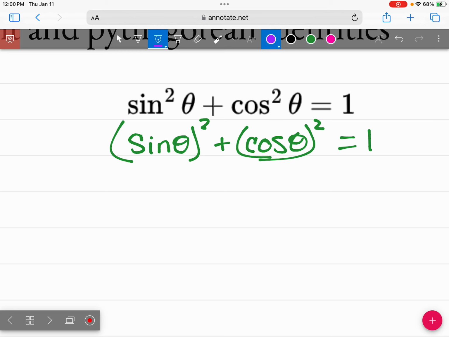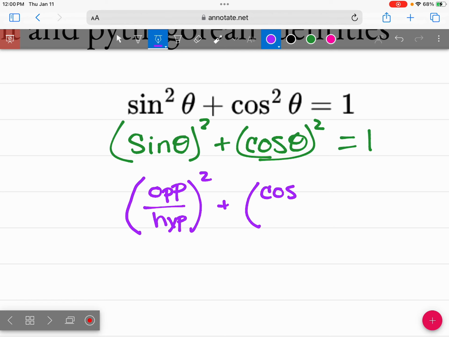Then I can write each in terms of opposite and adjacent: sine, opposite over hypotenuse, squared, plus cosine, adjacent over hypotenuse, squared.